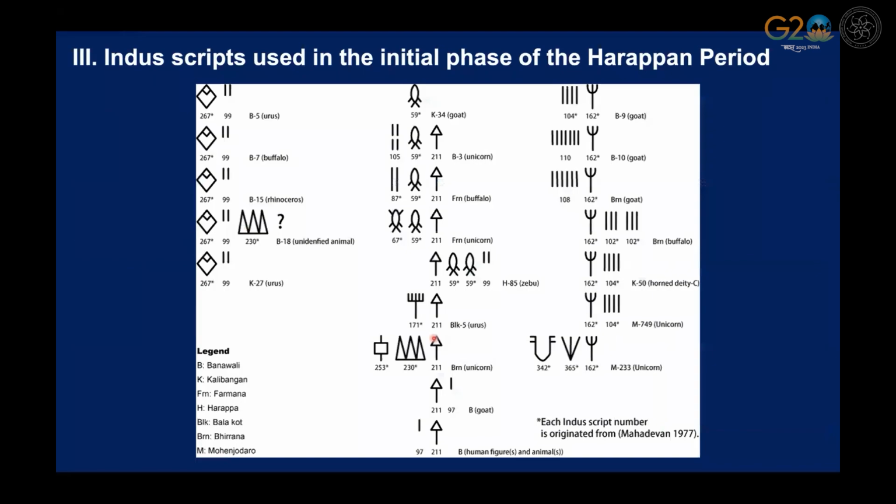This figure shows Harappan seals discovered from the initial phase of the Harappan period in the Ghaggar basin, which share common script with a high percentage. I cannot decipher it, but I can show you these specific patterns of the script.